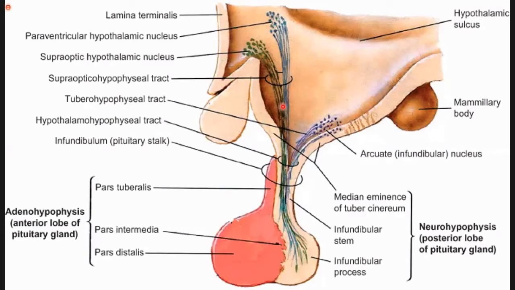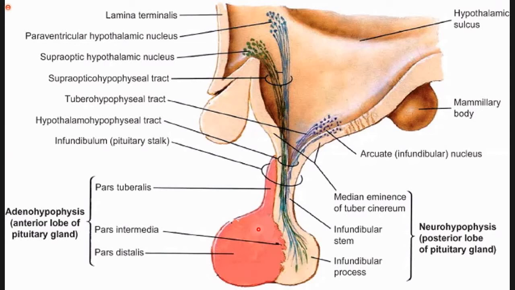Similarly, these are the releasing hormones which either cause the release or the inhibition of the hormones from the anterior pituitary. Growth hormone is for the growth. Then prolactin is concerned with the milk ejection, and similarly, thyrotropic hormone, TSH, is for the stimulation of the thyroid gland.